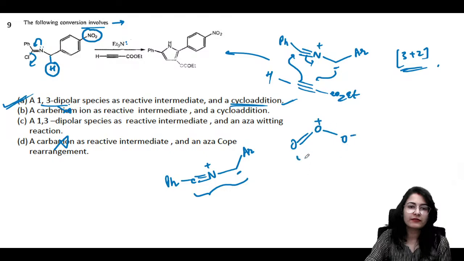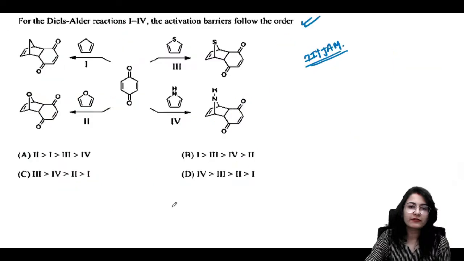But eventually, whenever you are reacting ozone, these three will react. If you want to write one more resonating structure of its Lewis dot structure, you can write it like this also. There is one negative, and carbon has a positive, you can also write it like that. Nitrogen has a lone pair. Eventually, these three are involved. So that's why it is a 1,3 dipolar species. Okay, Logesh, I think I've answered your question.